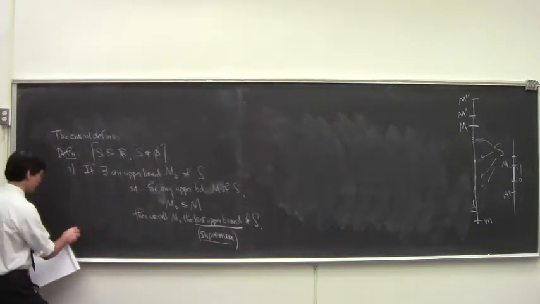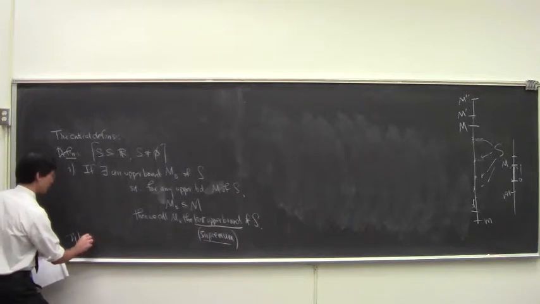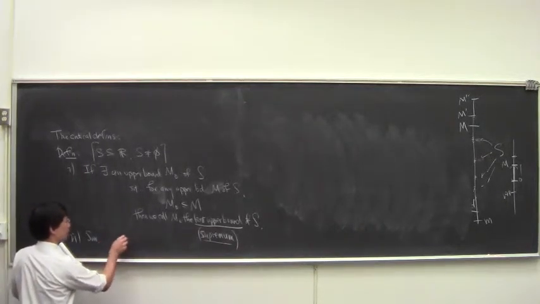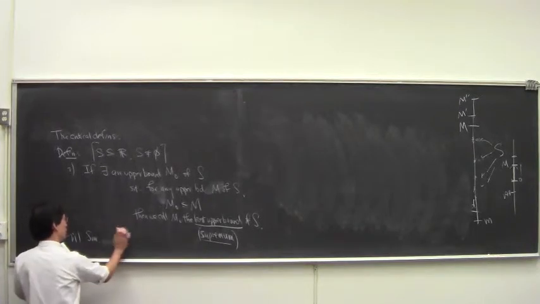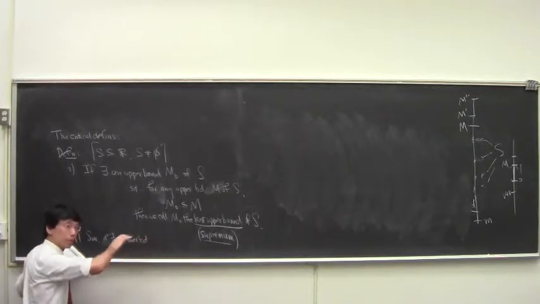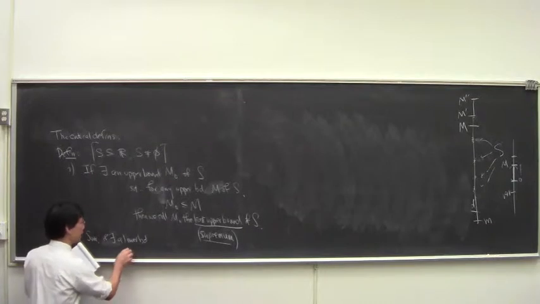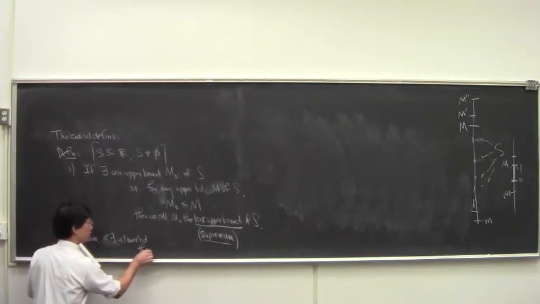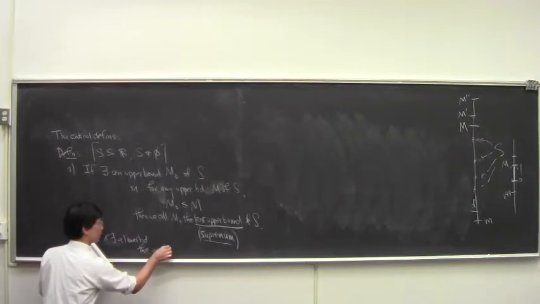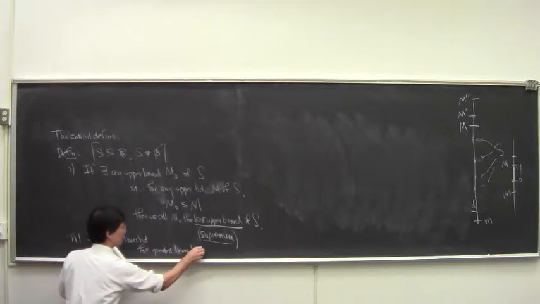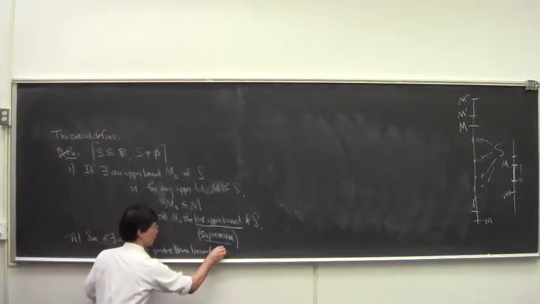And similarly, if there exists a lower bound that is bigger than or equal to every other lower bound, then we call it the greatest lower bound. It's also called the infimum.